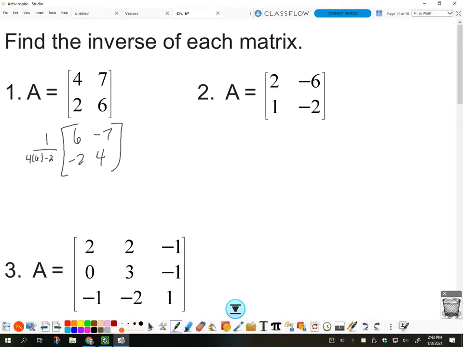That was supposed to be a parenthesis and a 7. So this is 24 minus 14, so 10. That's 1/10 that we're going to multiply through this matrix to give us 6/10. I'm going to just do decimals. Negative 7/10, negative 2/10, and 4/10.